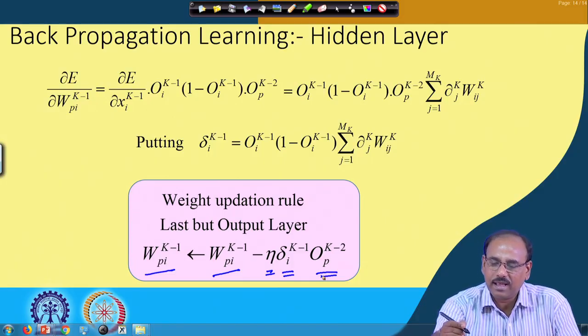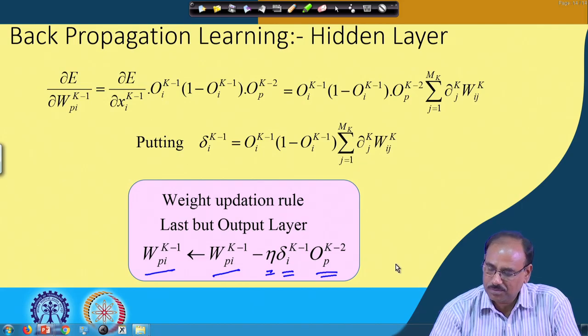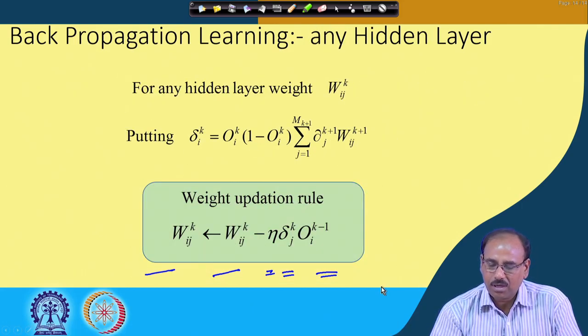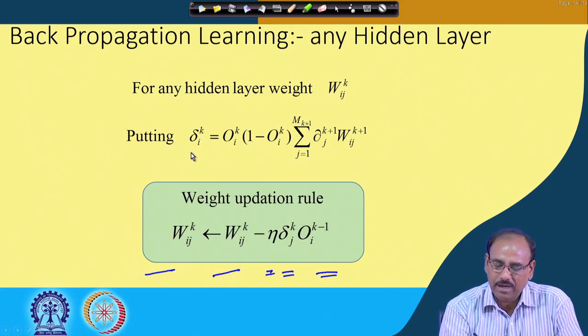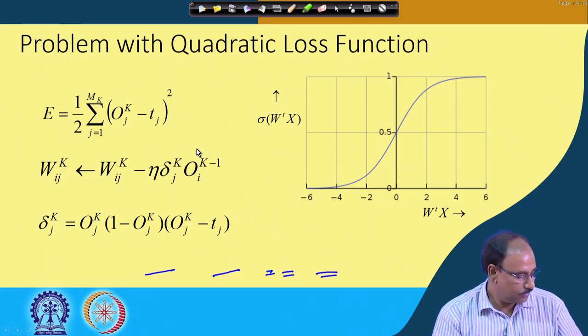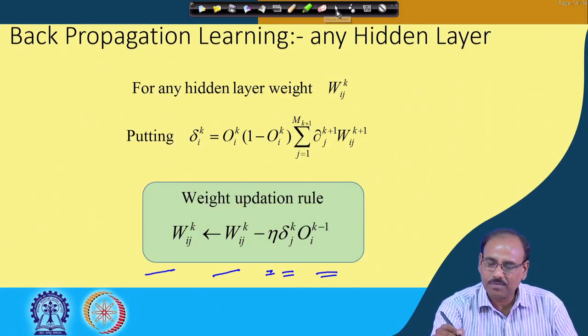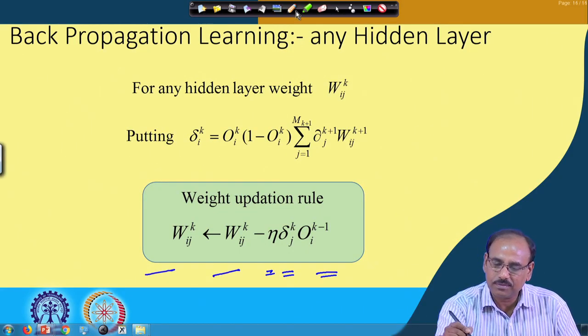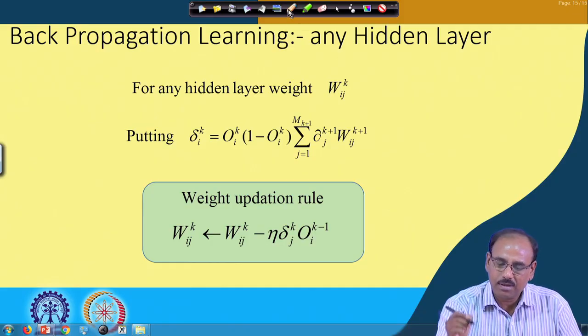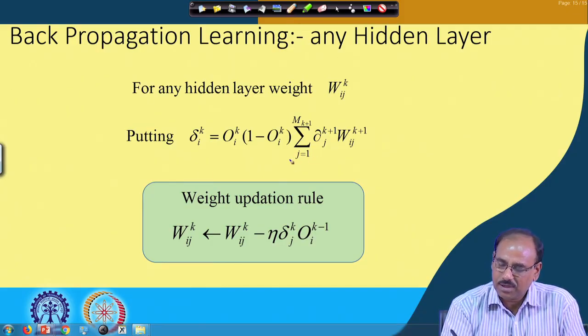So, in the hidden layer, I will have a summation term. Here I am putting delta_i^k as the summation of this.